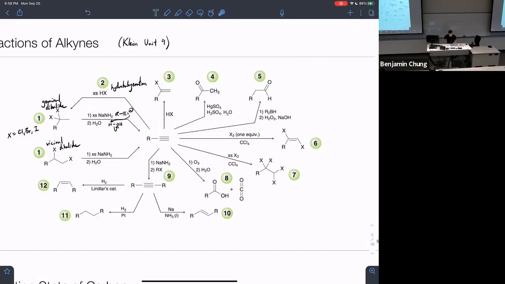If you use excess HX, you can get back to the geminal dihalide, but if you just use 1 equivalent, you can just add 1 equivalent of that to give you the alkene there. So this is just stopping the reaction after the addition of 1 HX. So this is also a hydrohalogenation.